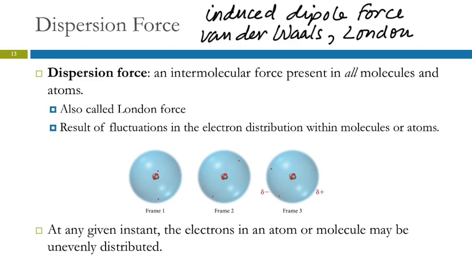This is an intermolecular force that's present in all molecules and atoms. Everything has dispersion forces. And this is a result of fluctuations in the electron distribution within the molecules or atoms. So here, just looking at, what element is this, do you think? Helium, right? 2 electrons.